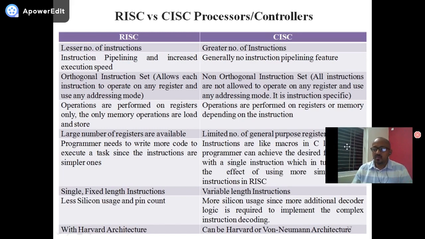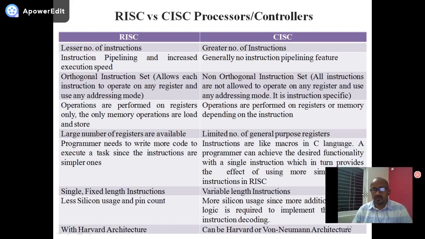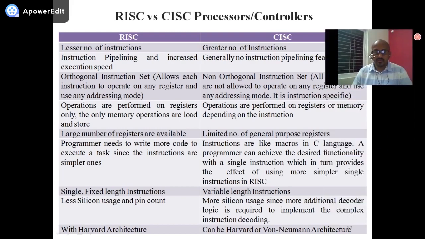So there are 4 general purpose registers available for our ALU for function implementation.